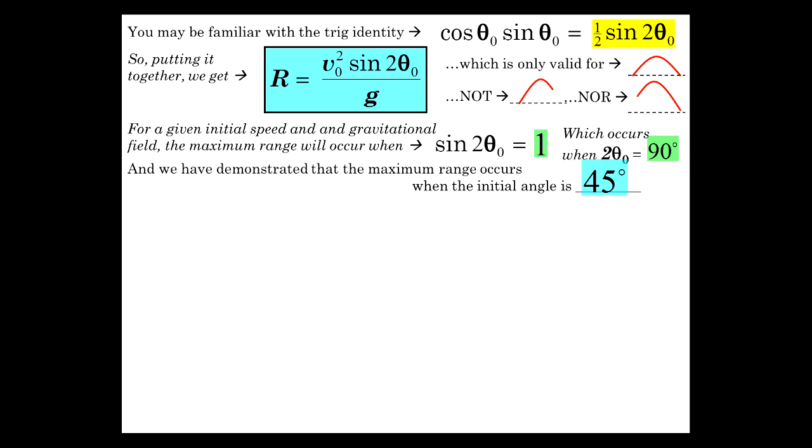Note, however, I will say in passing at least, that this is only true without air friction. When you include air resistance, the practical reality is that if you want to hit a baseball the farthest, you're not going to hit it at a 45-degree angle. You're going to hit it at an angle somewhat less than that.